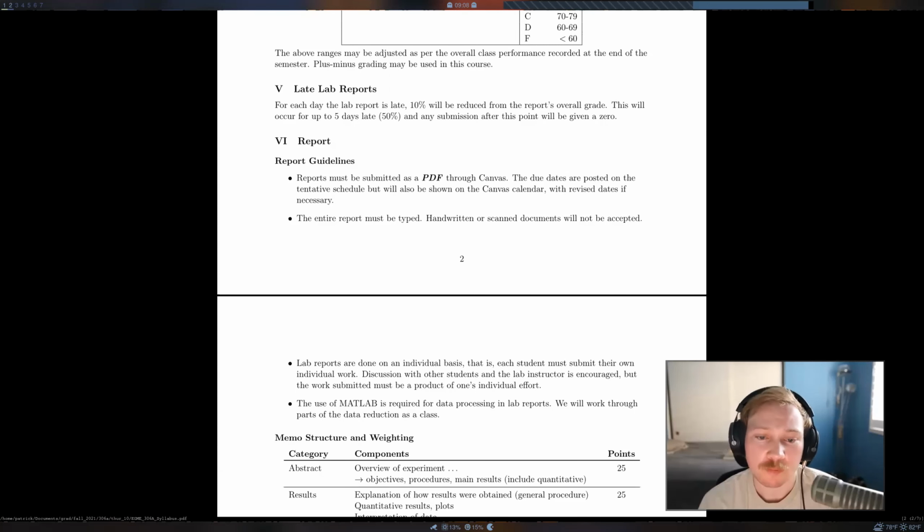Alright, late lab reports. In the past, I think I've been a little too lenient on this, so I'm going to enforce this semester. Each day that you have a late lab report, 10% is going to be docked off, and this will occur up to 5 days late. Anything after that, that's already almost a week late, and at that point you're going to be given a 0.